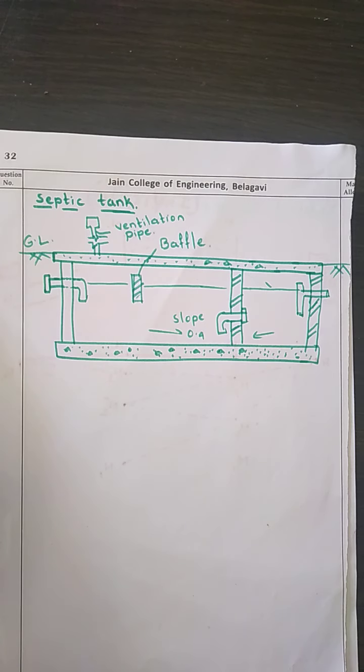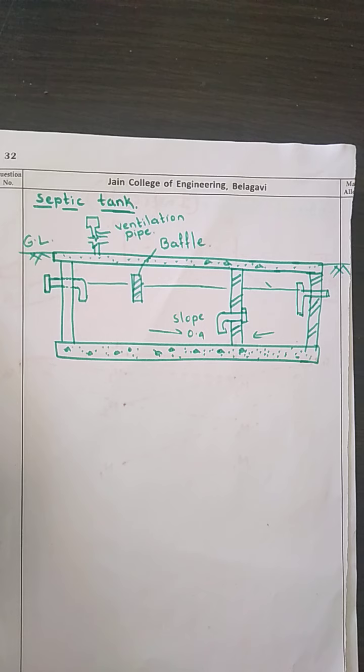It is grouped under the primary treatment units. The settled sludge is decomposed under the anaerobic process, and that is the reason we call it a septic condition, or the septic tank.